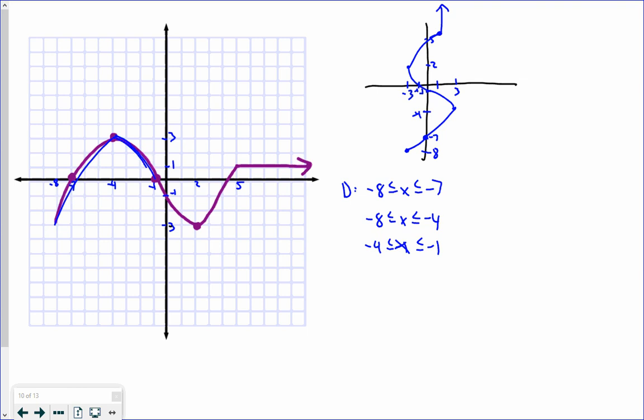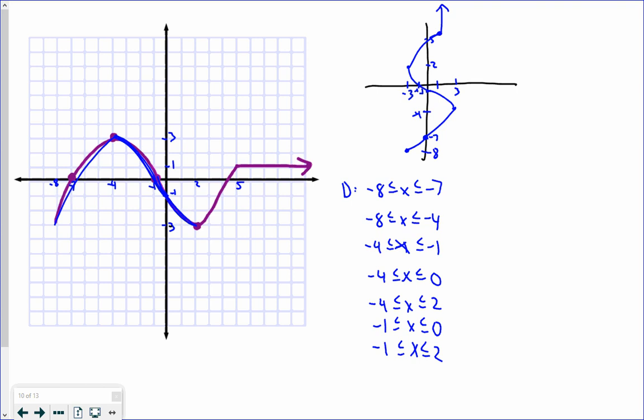Another one would be from negative 4 to 0. Another one would be from negative 4 to 2. Another one would be from negative 1 to 0. Another one would be from negative 1 to 2.